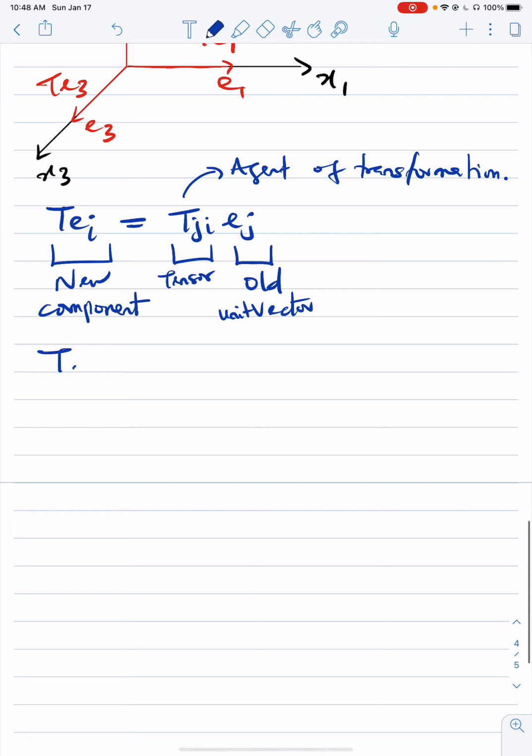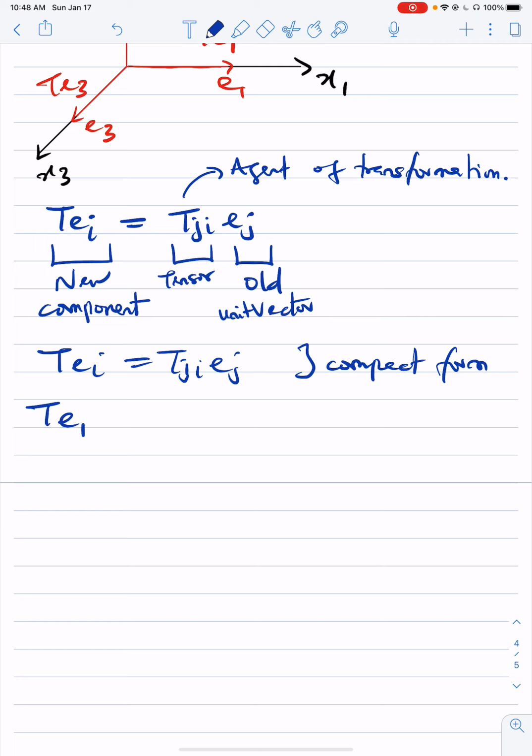Now, if you have this Tji Ej, by now you should be able to expand this compact form to give 3 expressions. Let me quickly do that. TE1 equals T11 E1 plus T21 E2 plus T31 E3. You can verify this in your own time; I'm writing this very quickly.